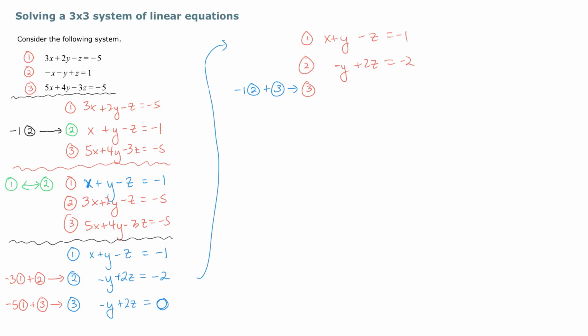The third equation now is, we get 0 is now equal to 2. We all know that is false. This is not possible. We know 0 does not equal 2. So 0 equals 2 is a false statement. Therefore, there is no solution. No solution to the system.